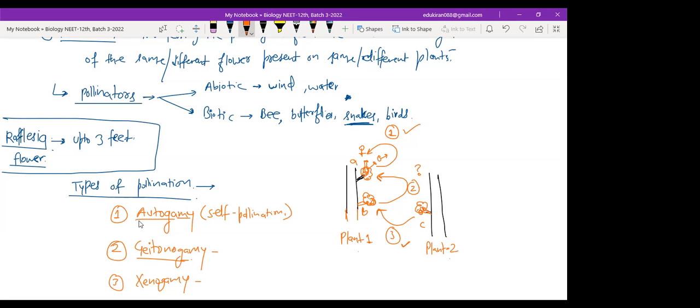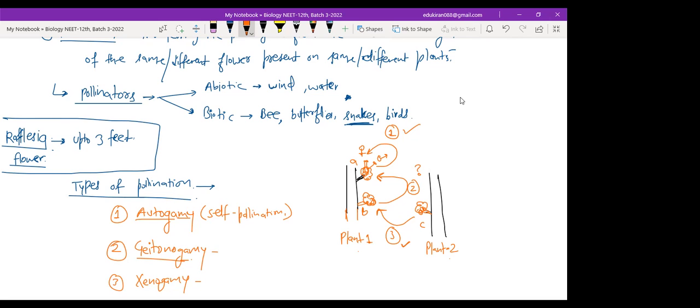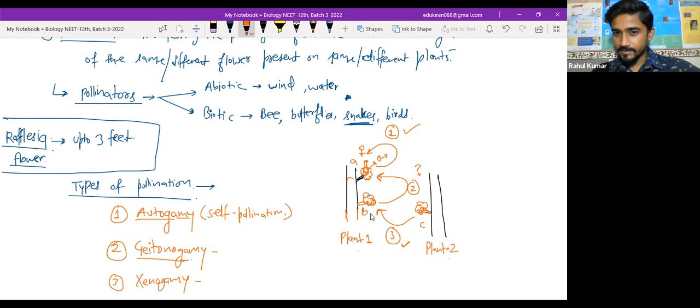Okay, let's not complicate it first. Just understand that there are two flowers on the same plant. Look here, this is the same plant on which there are two flowers. We are assuming that it is a natural plant, not propagated through grafting, and we have not made a hybrid variety here.